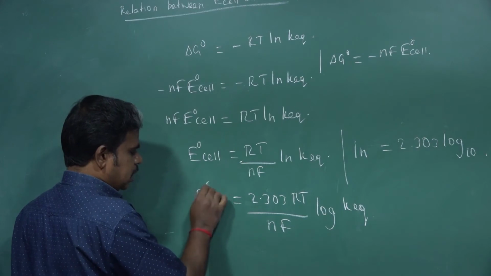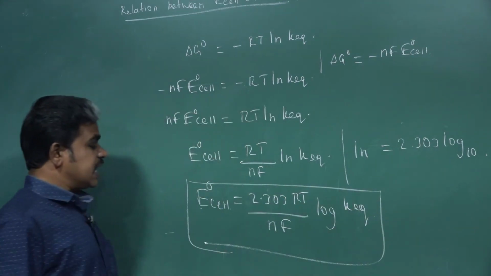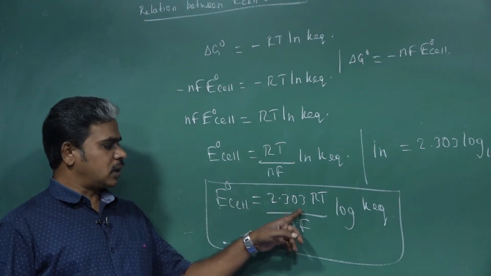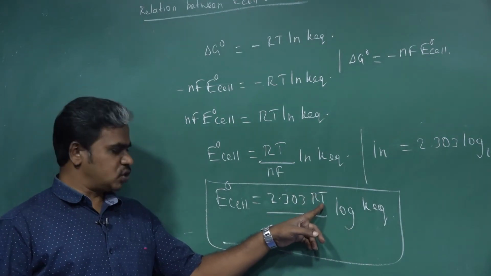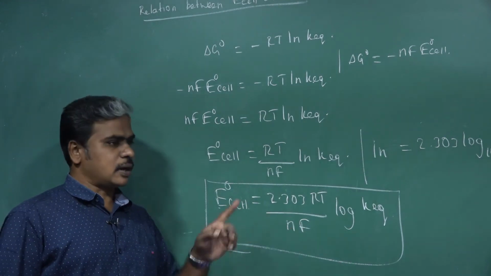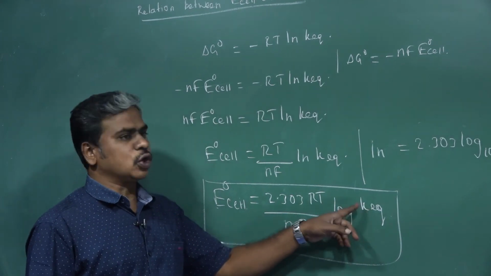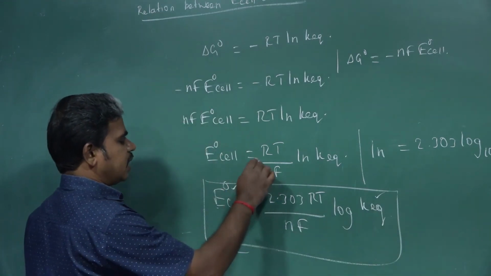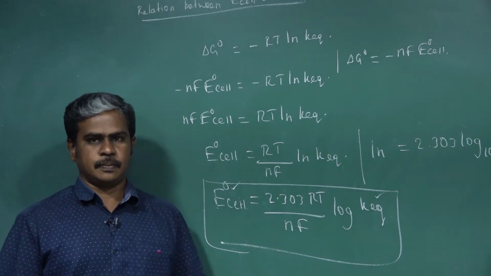So we may take that the EMF of a cell is equal to 2.303 RT by nF into log equilibrium constant, where R is the gas constant, T is the temperature, n is the number of electrons transferred, and F is the Faraday. If you know the equilibrium constant, then we may determine the EMF of a cell at the standard condition.